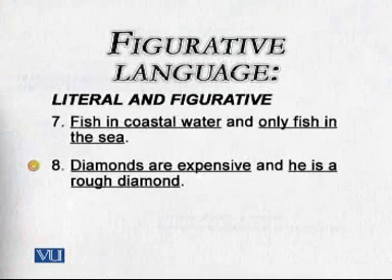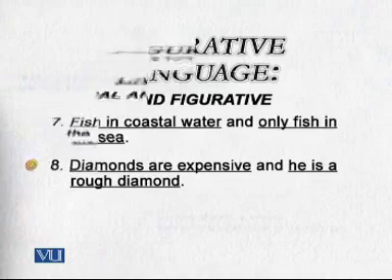Some more examples: diamonds are expensive, and he is a rough diamond. Now, diamond, fine, we understand the literal meaning, but can someone be a diamond also? When we say someone is a diamond, it means someone is rare in his qualities, his capacities, his skills, his qualifications, for example.